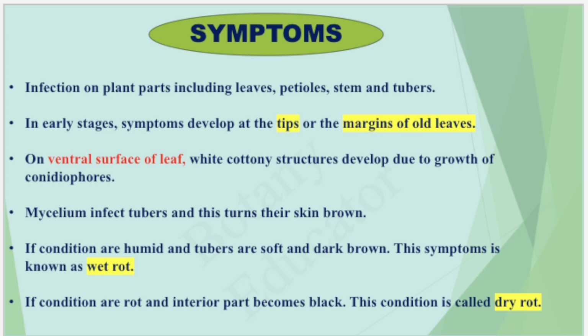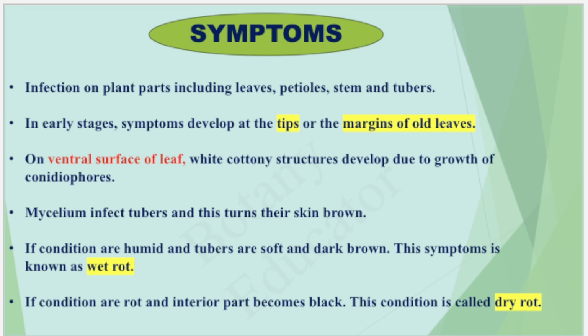In early stages, symptoms develop at tips or margins of old leaves. On the ventral surface of the leaf, white cottony structures develop due to growth of conidiophores.